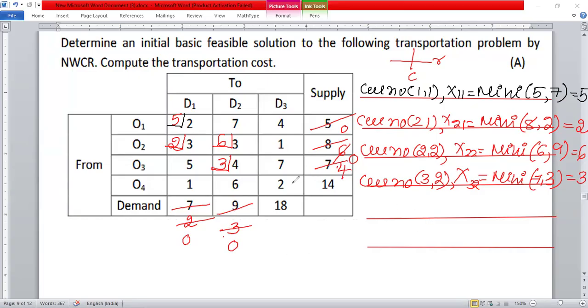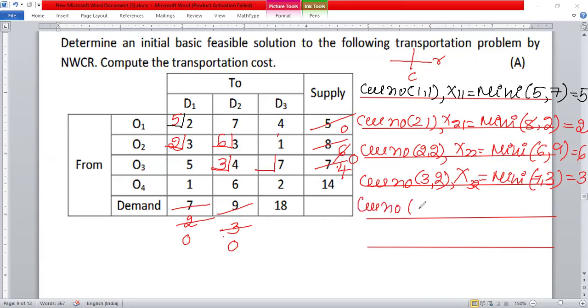Now column 0 has happened, so we'll move on to row. We'll go for the row here. What is that?